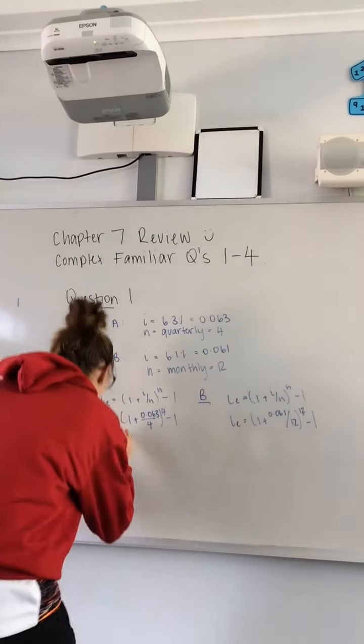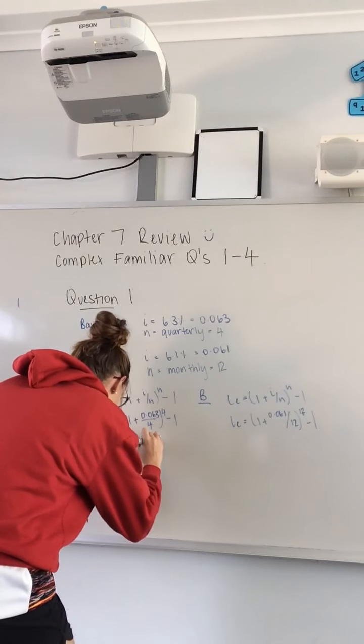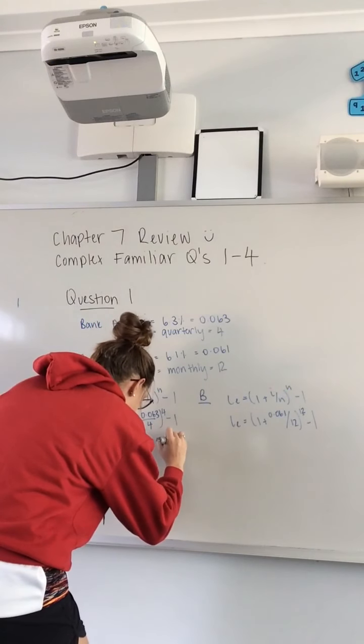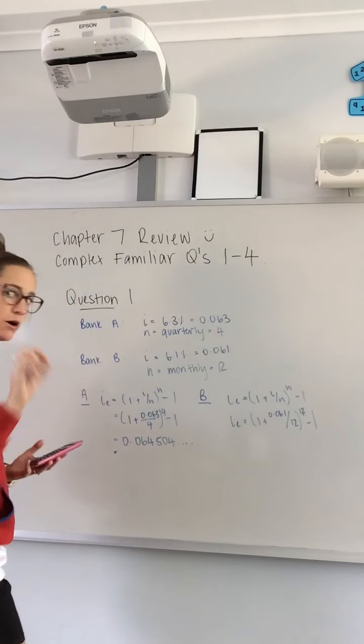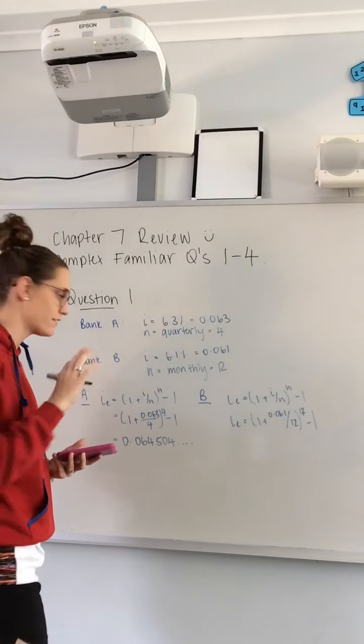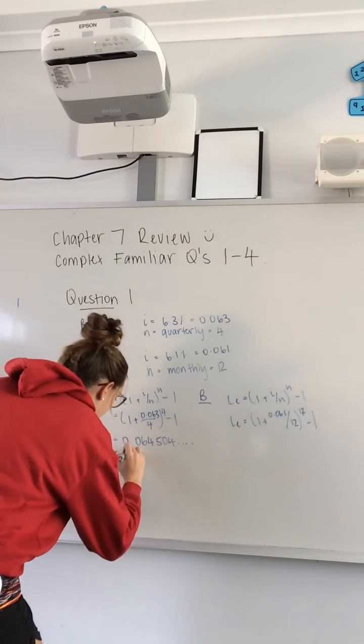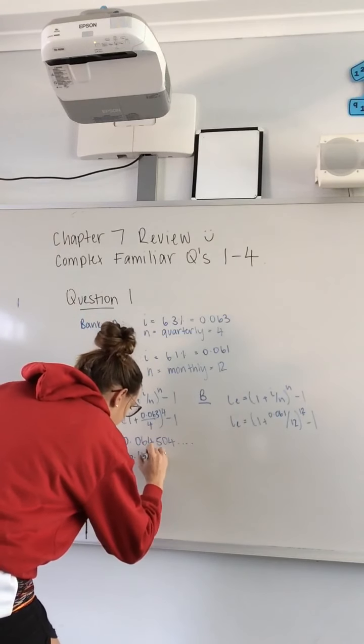Now I get, for the first one, 0.064504, and they only wanted it to 2 decimal places, and I'm going to write it as a percent. Remember, this is a rate, so it needs to be written as a percent. So it's going to be 6.45%.